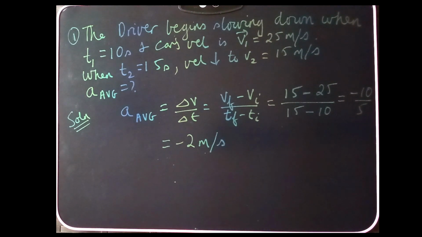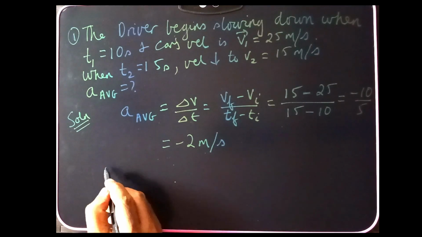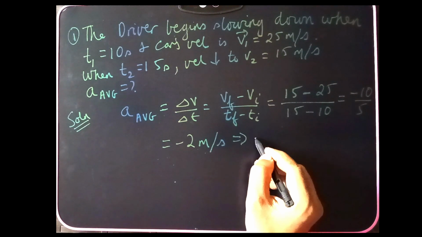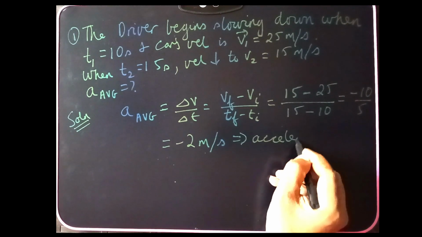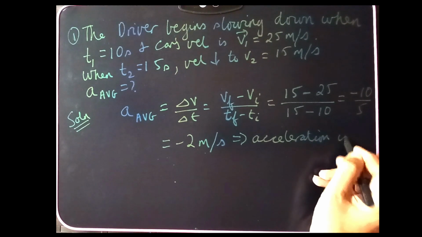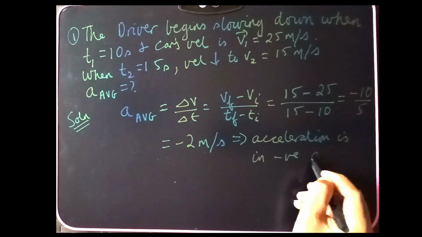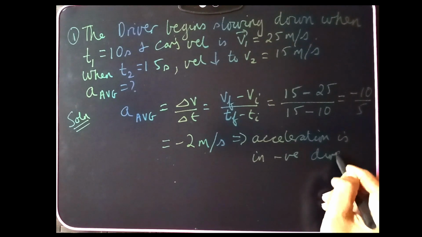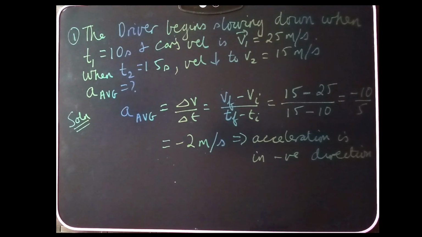What does minus 2 meter per second squared mean? It implies that the acceleration is in the negative direction, that is, opposite to the direction in which we have taken velocity.